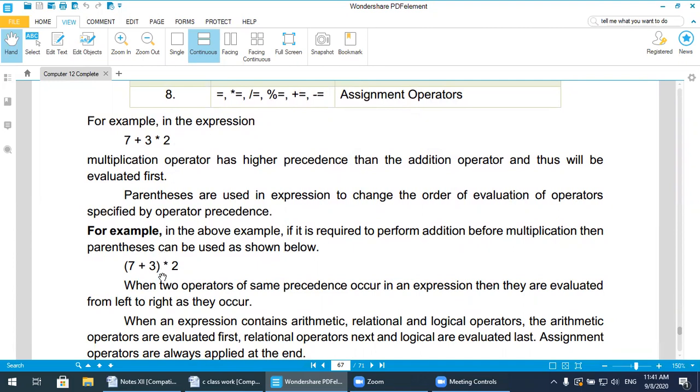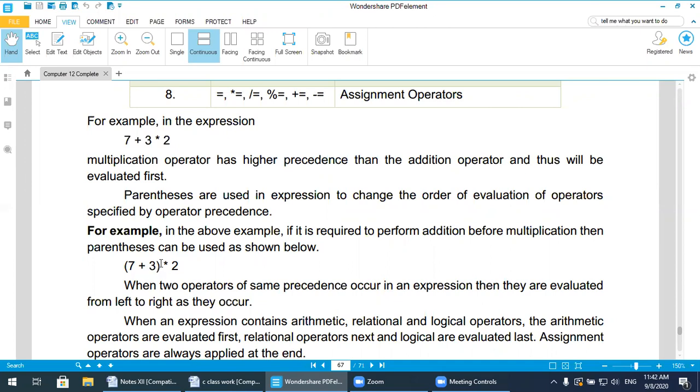But over here, check it. Keep in mind, parentheses are not an operator, but they are used to increase the priority or precedence of any operator.